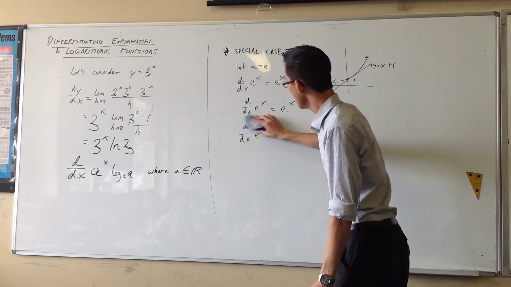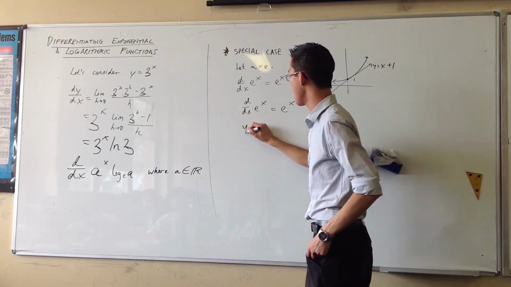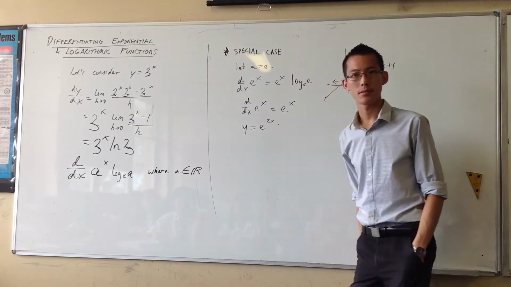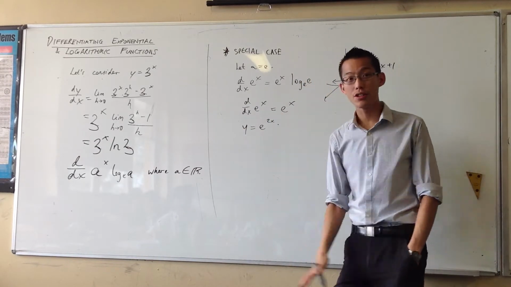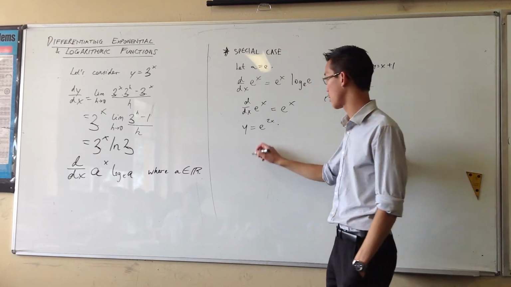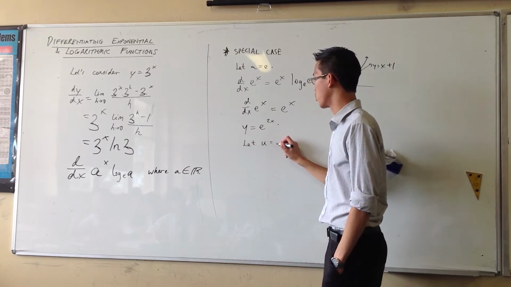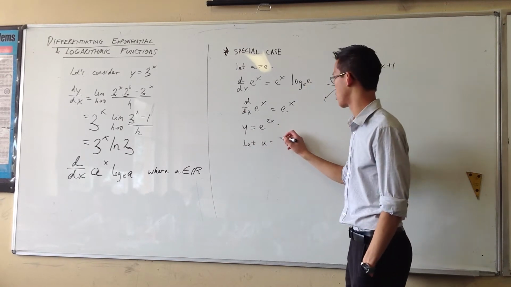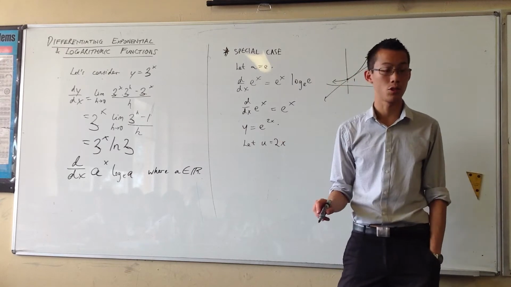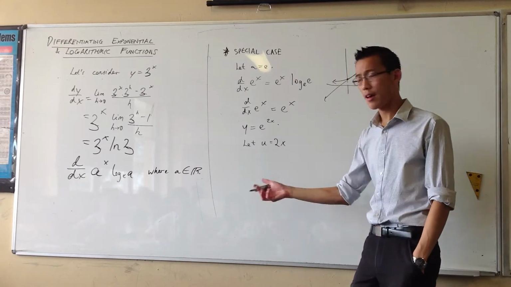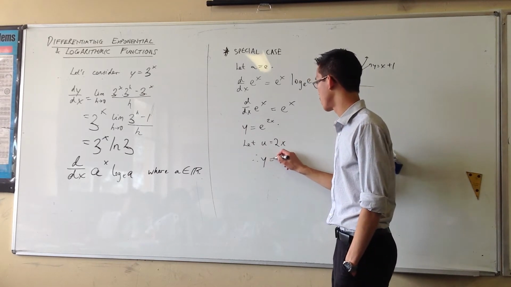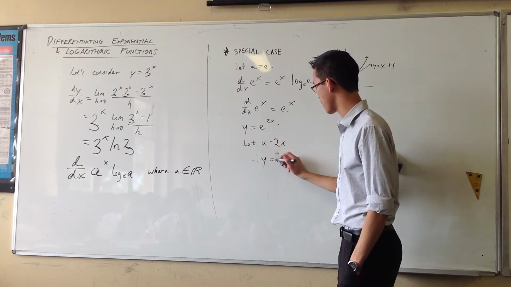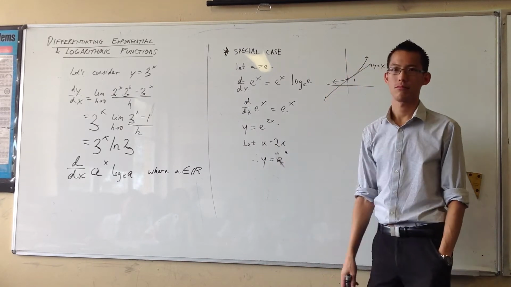So, let's have y equals e to the 2x. I'm going to introduce a substitution so I can use chain rule on this. Let u equal 2x. So therefore, y equals e to the power of u. Straight substitution.